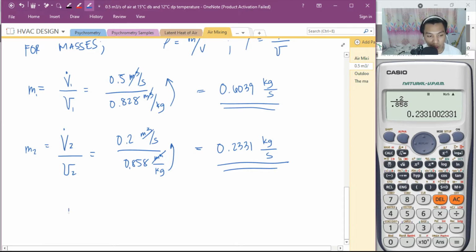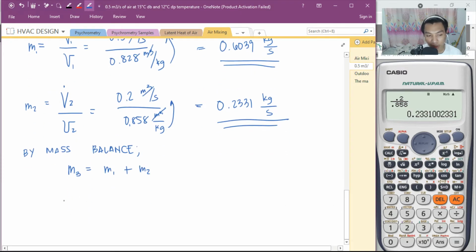Now, the total mass, the mass of the mixture M3 is equal to, by mass balance, M3 is equal to M1 plus M2. Now, the mass of the mixture M3 is equal to 0.6039 plus 0.2331 kilograms in every second.